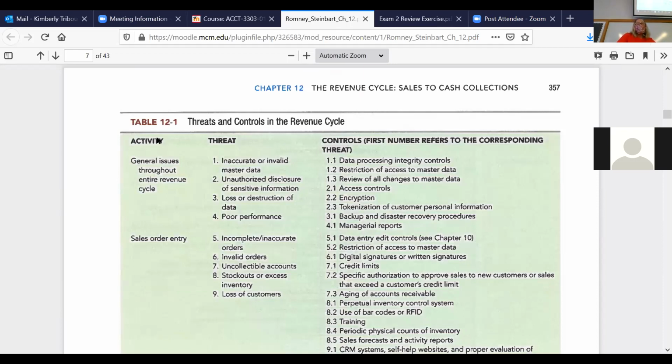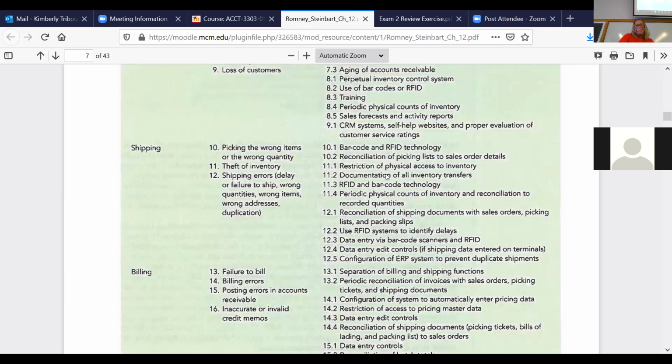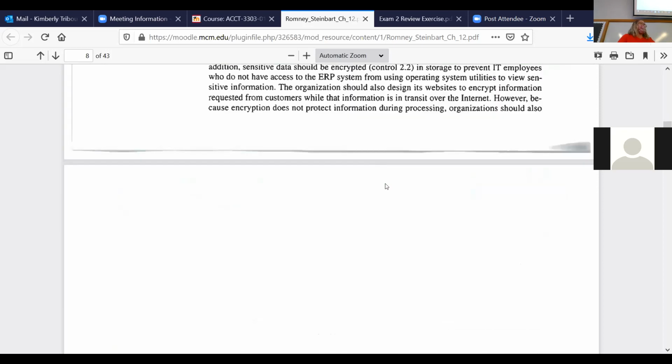The lectures I gave you talked about the threat, so what could go wrong, and then the controls. And that talks about what they mean. So you've got access controls, managerial, data processing integrity, things like that. The narrative talks about what type of control it is.